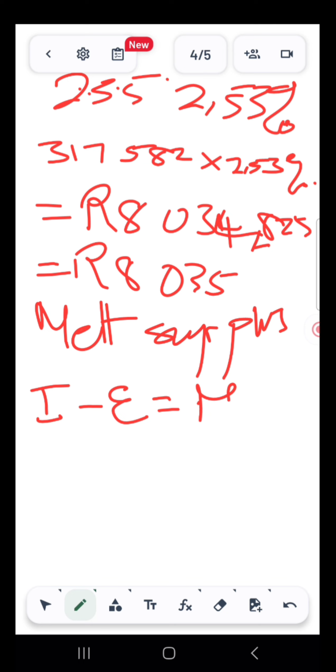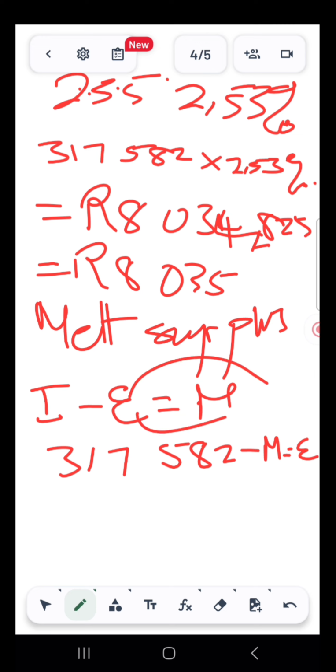So our income is 317,582,000, and then minus E. My bad, it's this minus N, which equals E. So we take the income, and then minus the 8 million net amount.